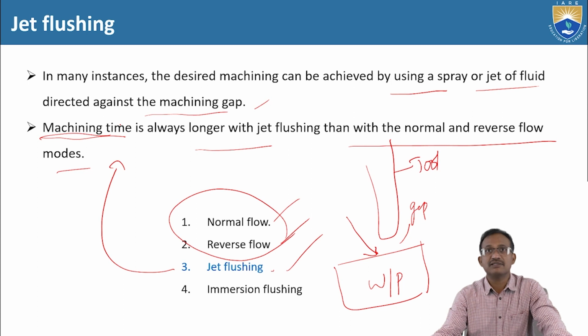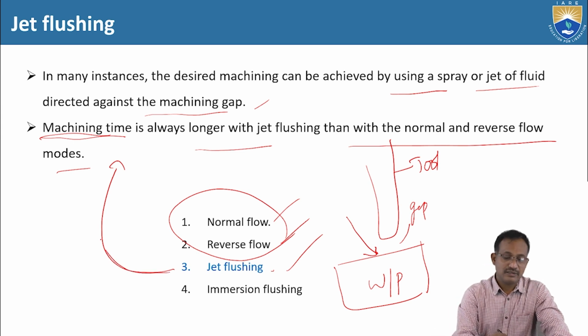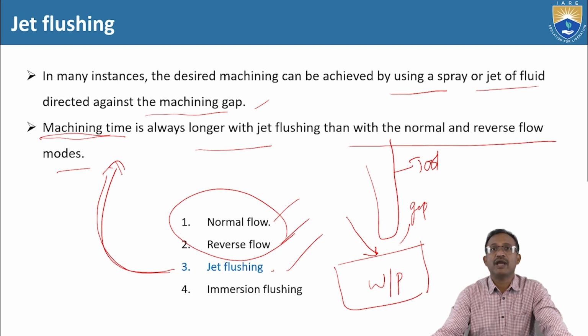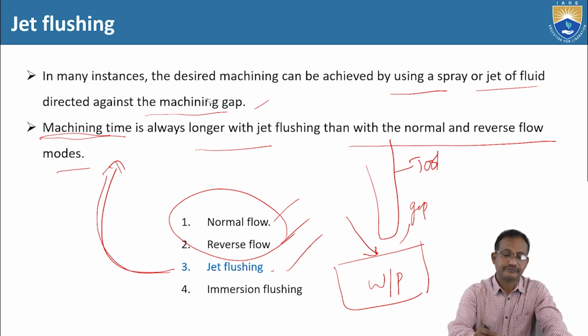Machining time is always longer with jet flushing than with normal and reverse flow modes. So that's why we have to limit jet flushing where time is important, but accuracy will be good in jet flushing.